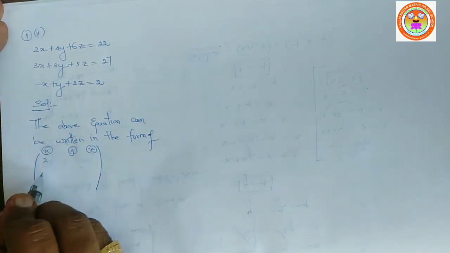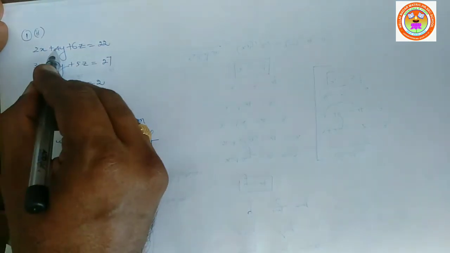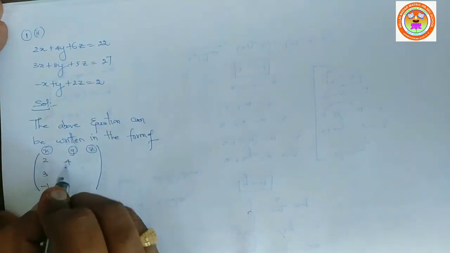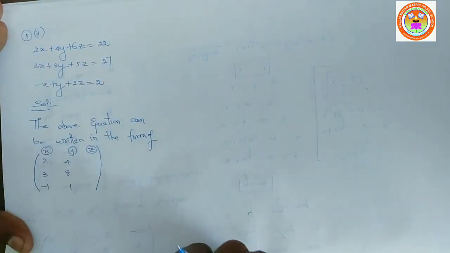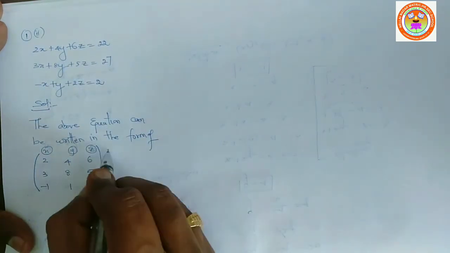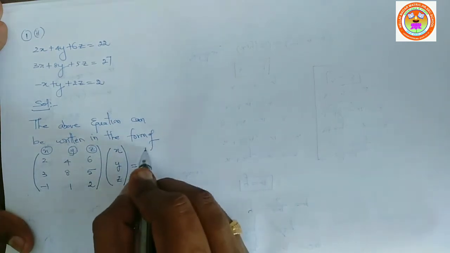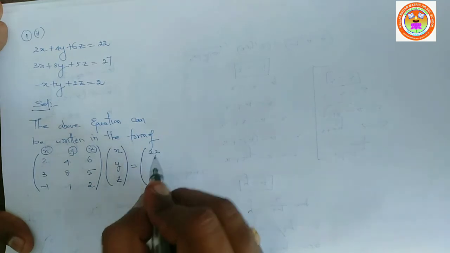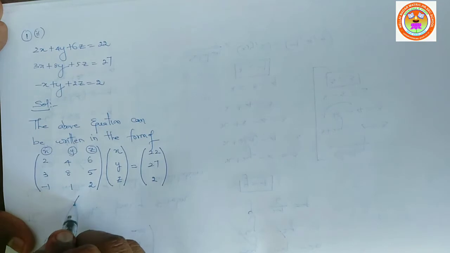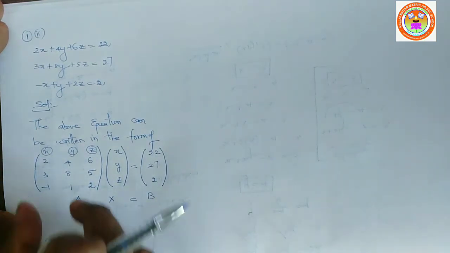The x coefficients are 2, 3, minus 1. Next 4, 8 and 1. Finally 6, 5, 2. This one is x, y, z, is equal to the constants 22, 27 and 2. So this will be capital A, capital X is equal to capital B.